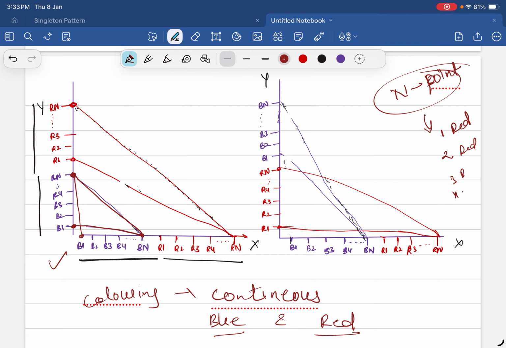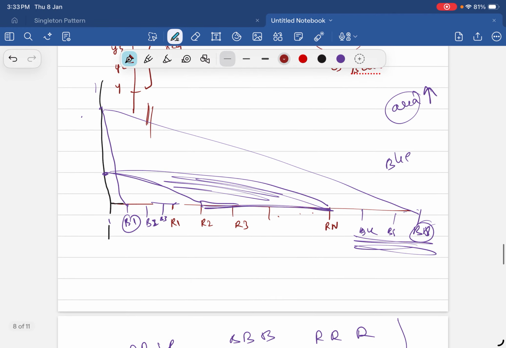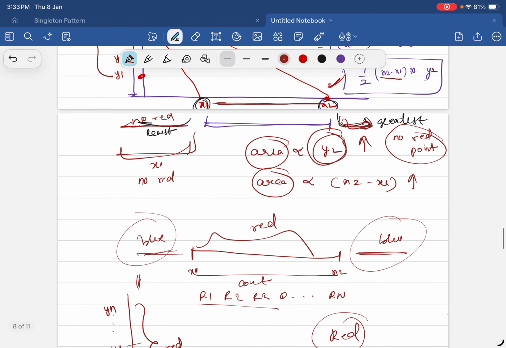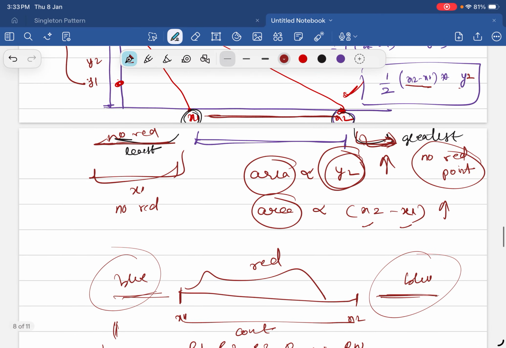Now if my ith point is blue, and till then I have red points, then we can easily get the area of this triangle using the formula that we have discussed above, which is x2 minus x1 into y1.